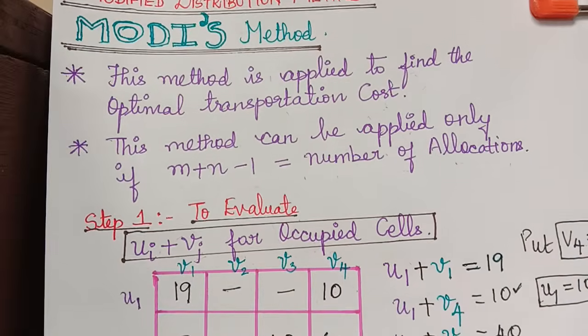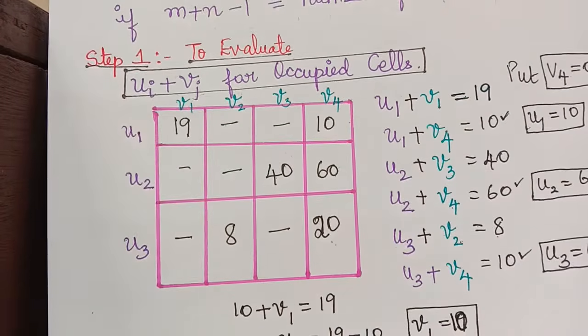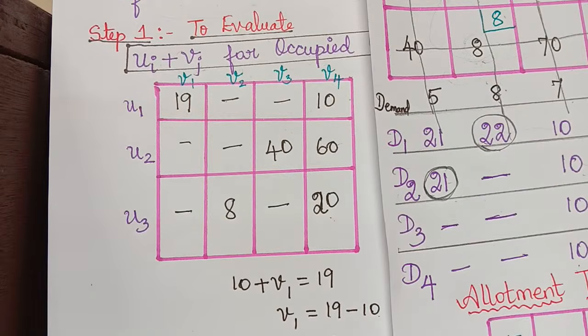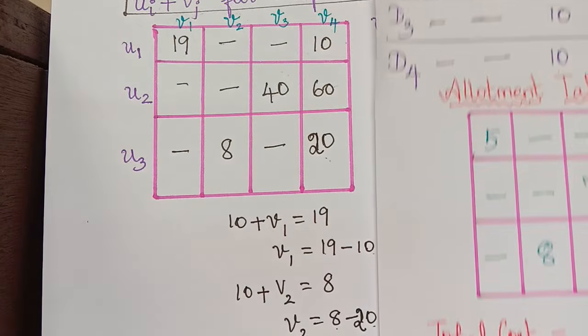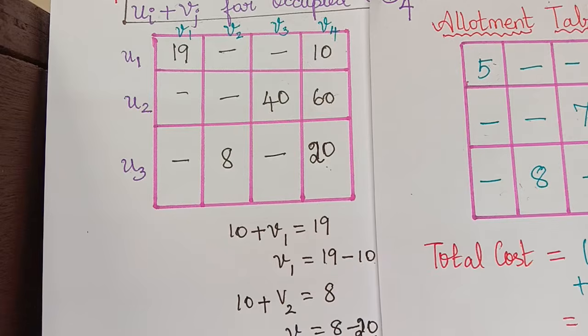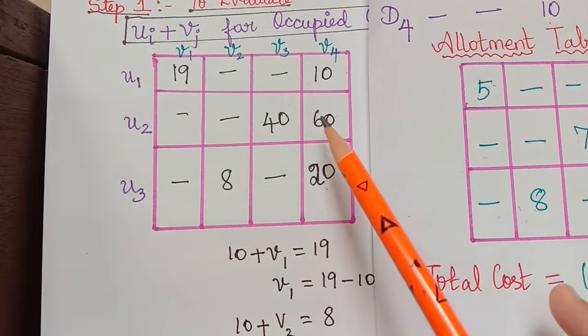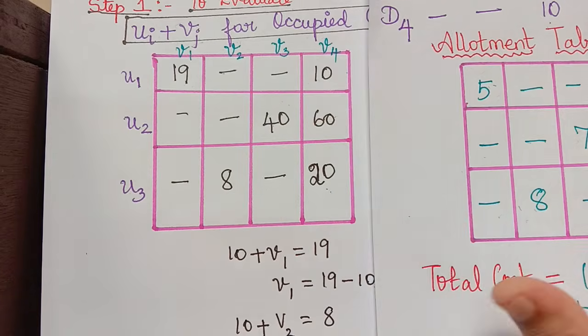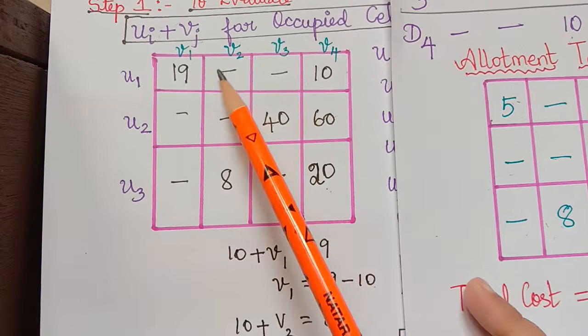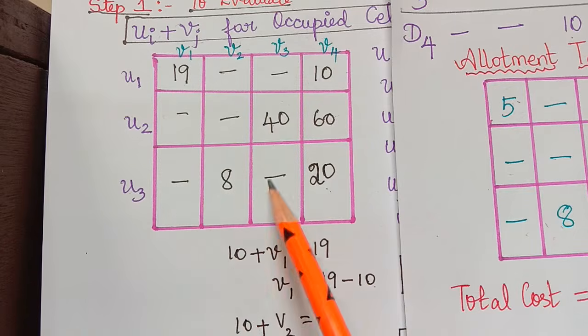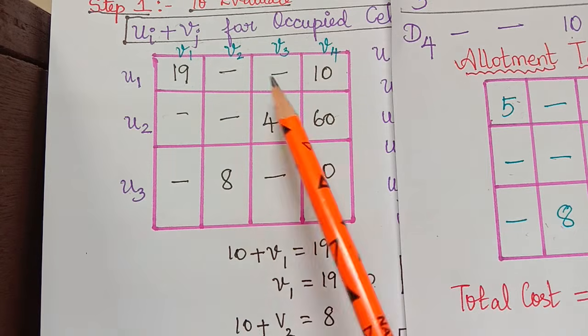Now here we have done so, and we have got the new allocated cell values. If you see here, in the allotment table we have replaced the allocations by the original cell values for the occupied cells. Other cells are hyphenated. These cells are known as unoccupied cells.